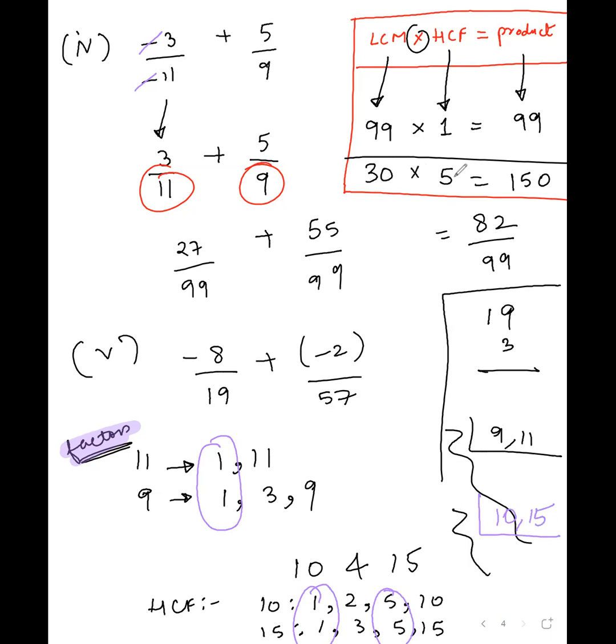So what is 30 into 5? Sorry, 30 multiplied by 5. 150.